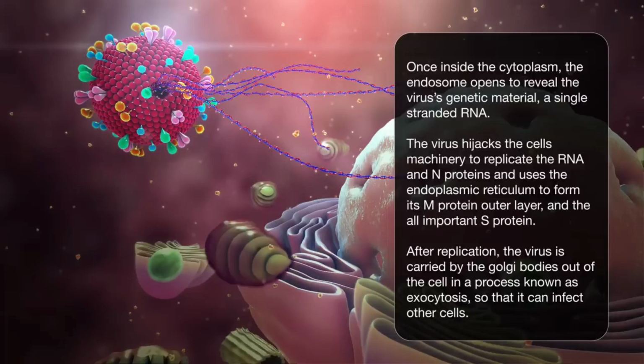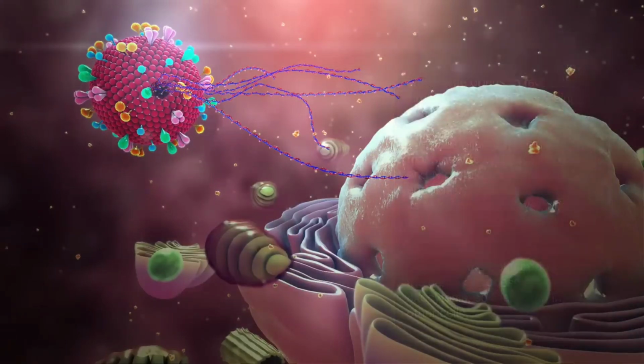After replication, the virus is carried by the Golgi bodies out of the cell in a process known as exocytosis, so that it can infect other cells. Meanwhile, the stress of viral production on the endoplasmic reticulum eventually leads to apoptosis, or cell death. It should be noted that the mechanism of action for 2019 novel coronavirus is unknown.